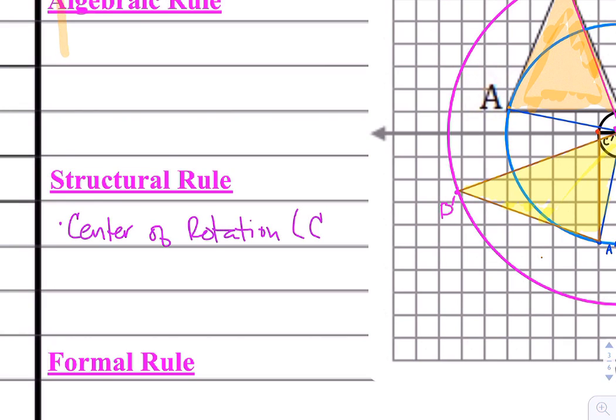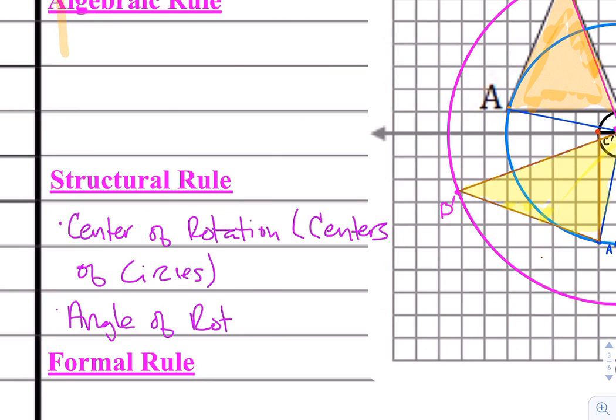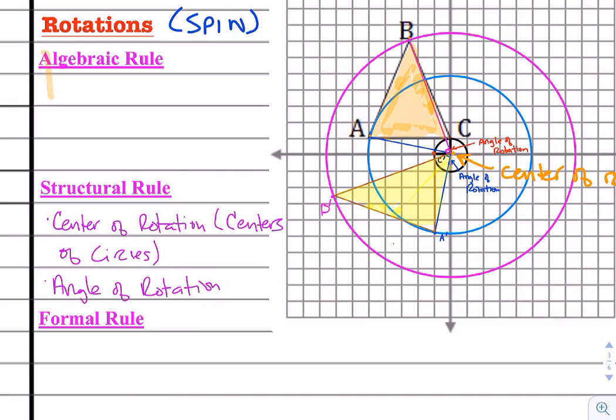And so these are the centers of the circles. And the second thing you need is an angle of rotation. So what you need is a center for all the circles upon which you're traveling these points, and you need an angle so you know how far to actually make them travel.